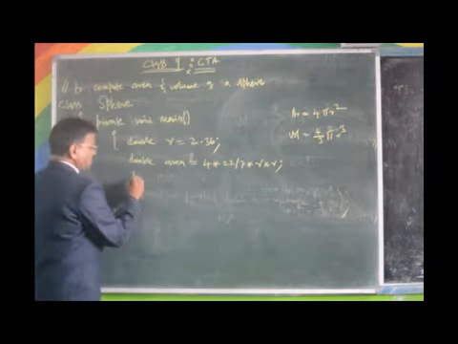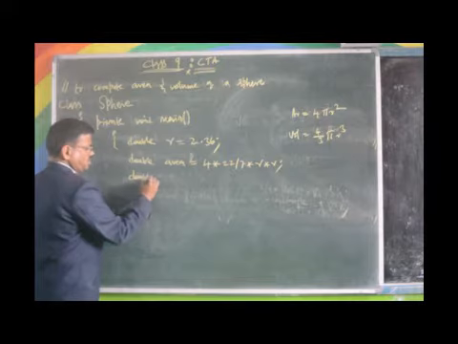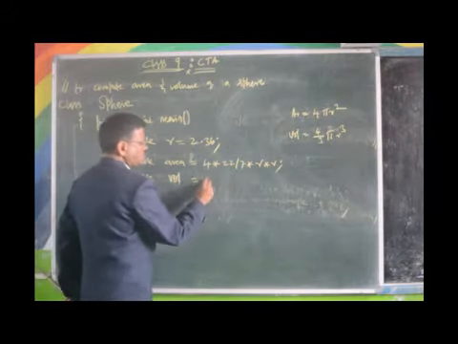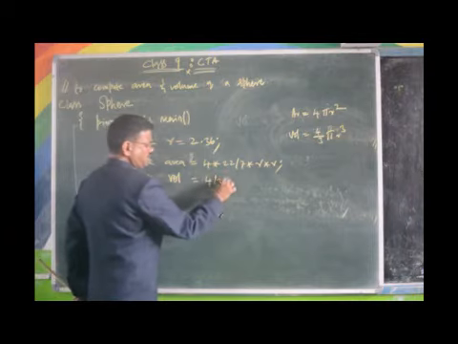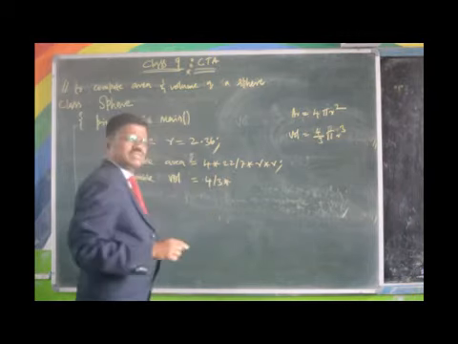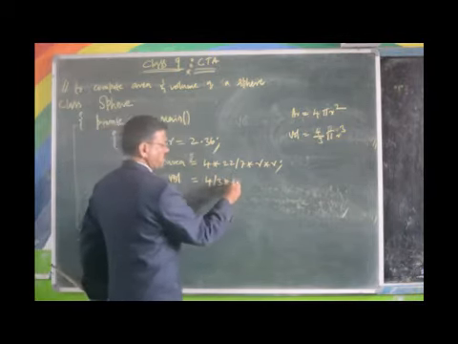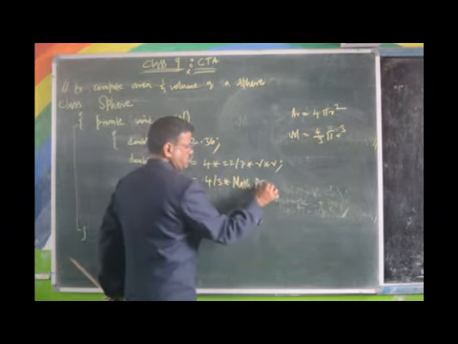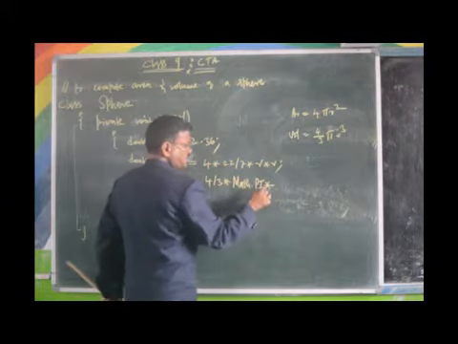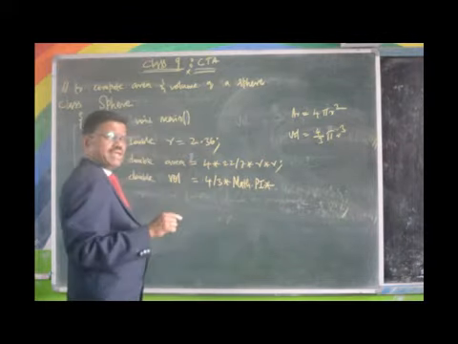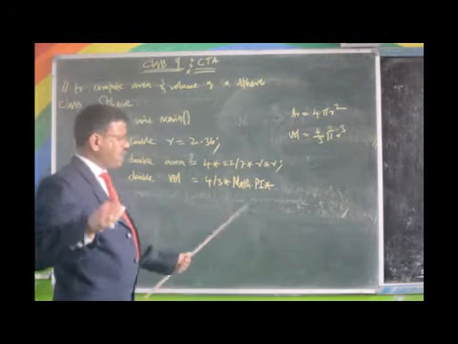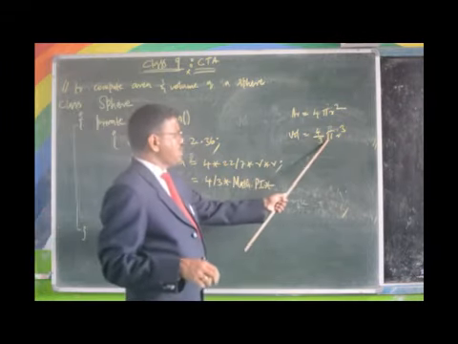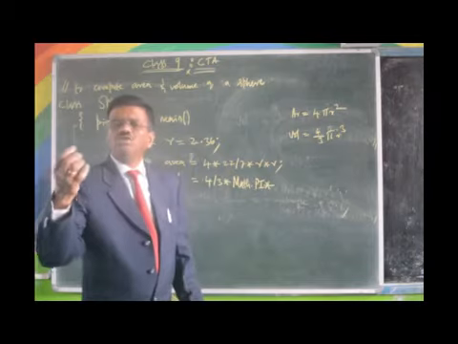If you want to calculate volume, what do I do? 4 by 3. Instead of 22/7, you can use an alternate method. Mind you, boys and girls, math.pi means 22/7, but the accurate value will be substituted. There is a built-in function. 4 by 3 pi r cube, r into r into r.